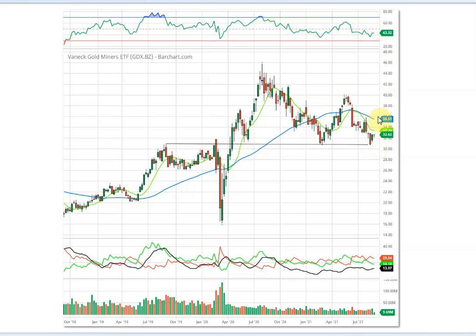So first, it has to break through 40. It might find some resistance there. But if it does break through, then the next target would be 49. So $32, $33 to 49, that's a good solid return. Again, pure speculation.